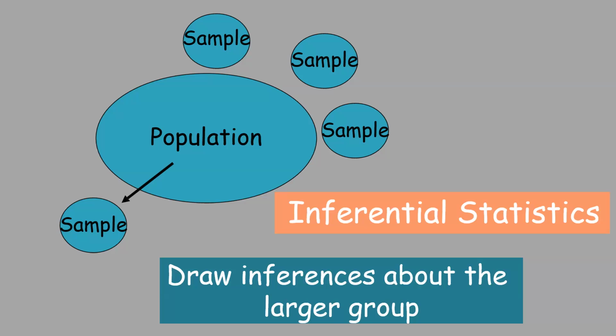All you have to do is get the data directly from already published research journals. But if you're going with the other method, you have to use a sample picked out from the whole population. This is how we go with inferential statistics: draw inferences about the larger group.